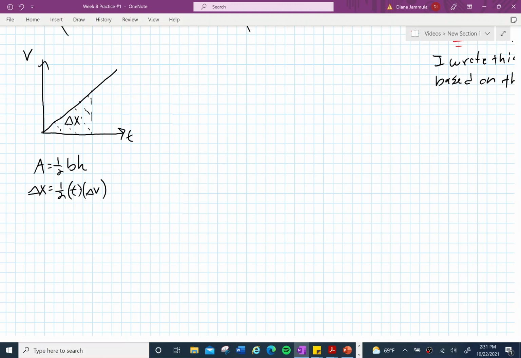But I do know another thing, though. I know that the slope of this graph is the acceleration. In fact, let me write this the other way. The acceleration is the slope of this graph. The slope would be the change in velocity, rise over run, over the time.